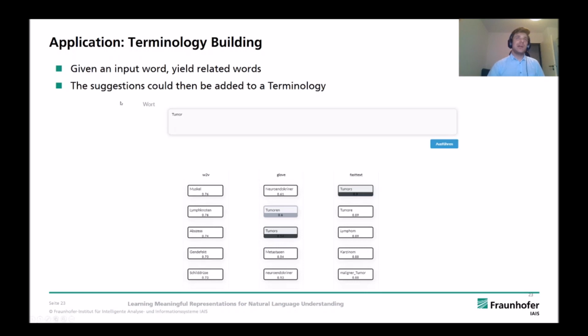And what you can see here is if you query for the word tumor in German, we will get a lot of different answers in Word2Vec, GloVe, and FastText. You can also see that FastText lays an emphasis on morphological similarity. And also something very interesting, it has this malign tumor, which contains the word tumor as well. This is very different to the results that we get from Word2Vec and GloVe.